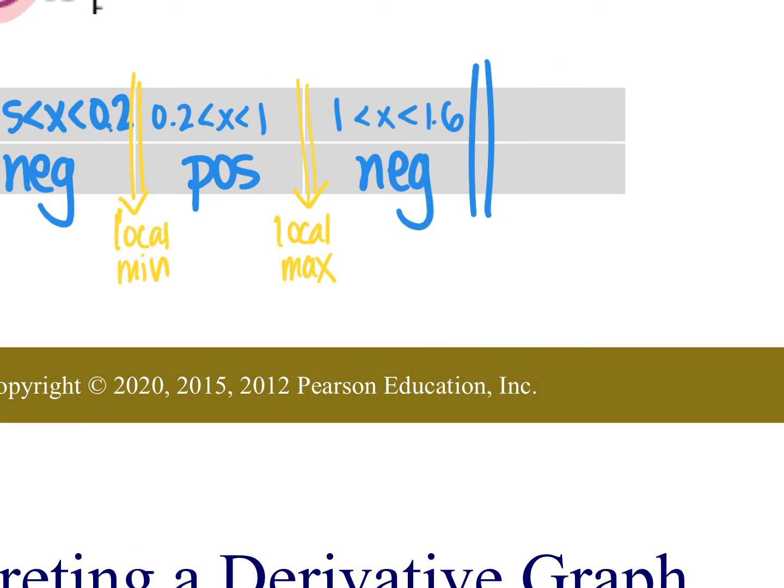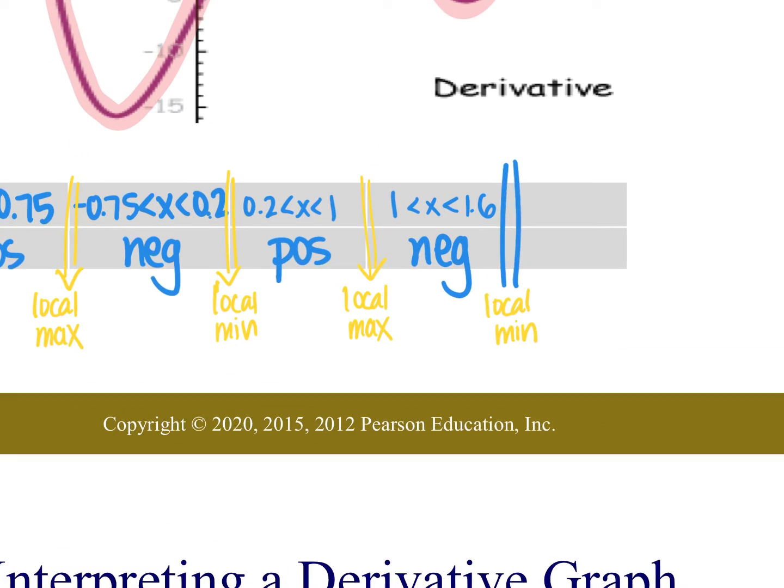And now I have an endpoint on the right side, which is preceded by a negative number, which means I have a local min again. That means it's coming towards that point with a negative slope, and so it ends on a local min.